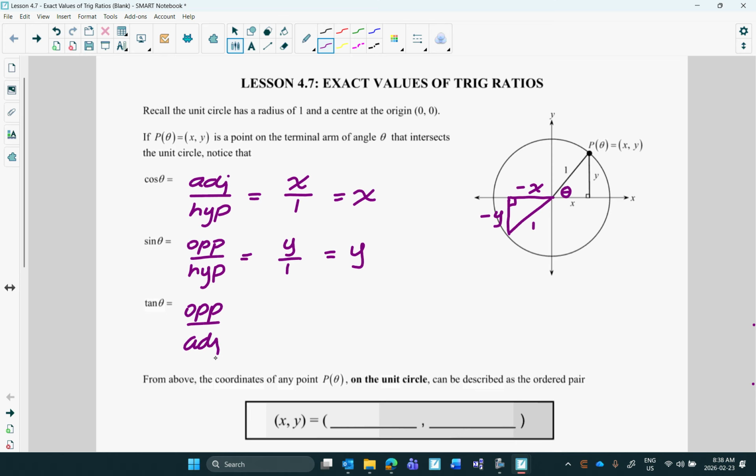But in this right triangle here, it would be y over x. Well, we have to calculate that. So that means that if I give you any angle that's on the unit circle, like 30 degrees, 45 degrees, 60 degrees, 90 degrees, 135 degrees, 210 degrees, all those angles that we did on the unit circle in the last lesson, you can tell me the cosine, sine, and tan without using a calculator.